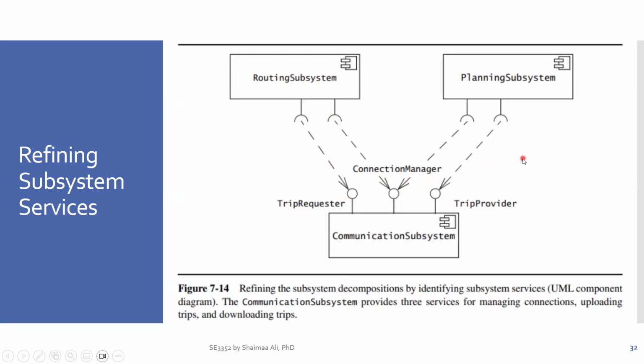Before you move on to the next stage, you need to replace these arrows with a more refined definition of the services. Towards the end of the system design stage and before you go to the object design stage, you should be able to identify at least which of the systems is provider and which is requester or requirer, and a general description of the type of the service represented by the name.